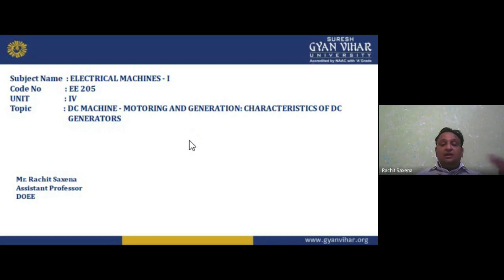Understand? The second part states that the magnitude of induced EMF is proportional to the flux linkage variation, that is E equals N d phi by dt, and using Lenz's law we write E equals minus N d phi by dt.